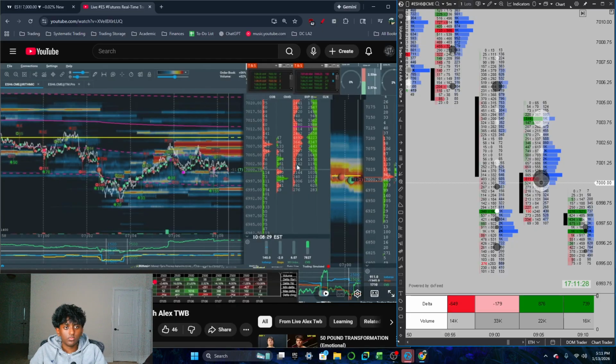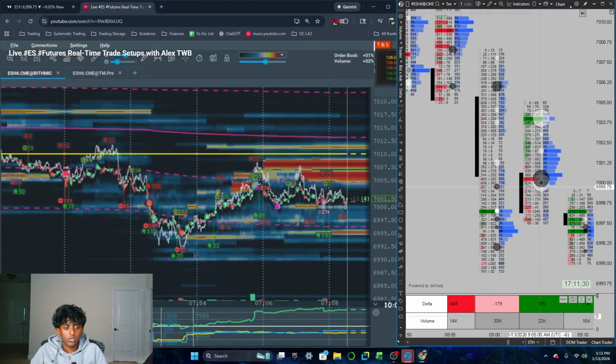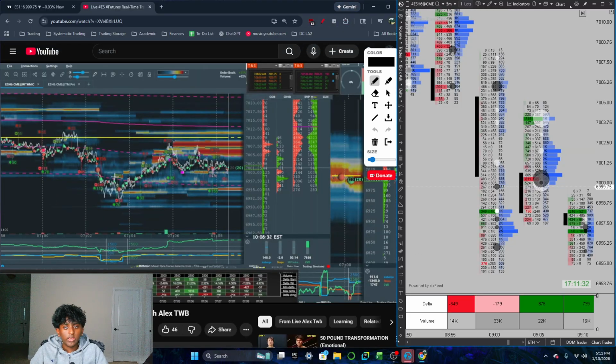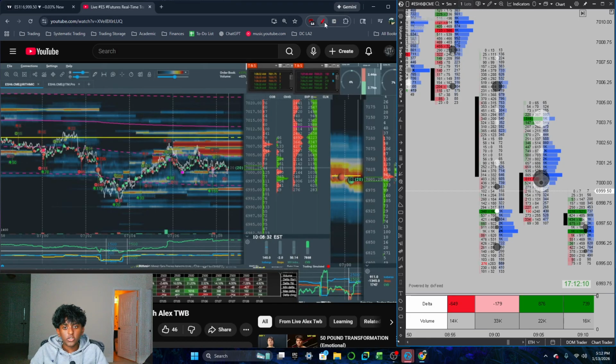So essentially, we saw a retracement in a sell trend. We saw trapped buyers occur.